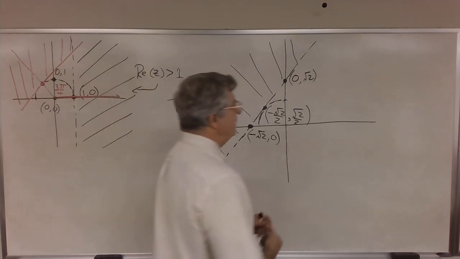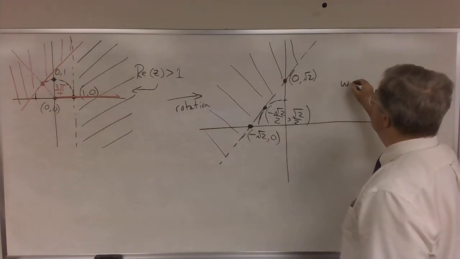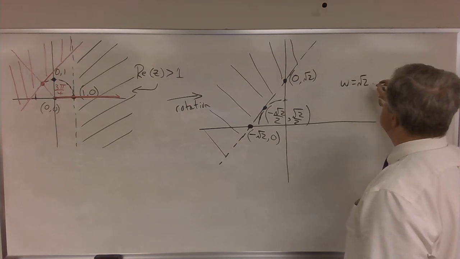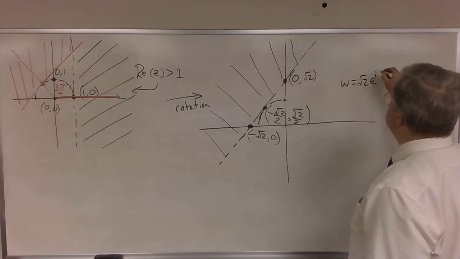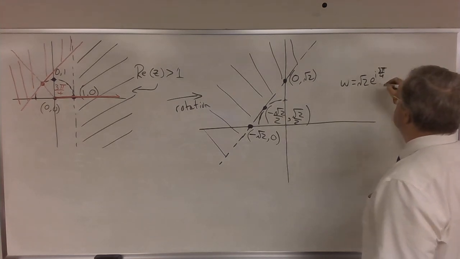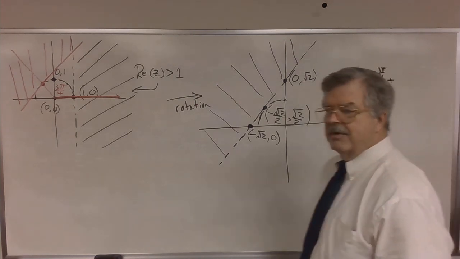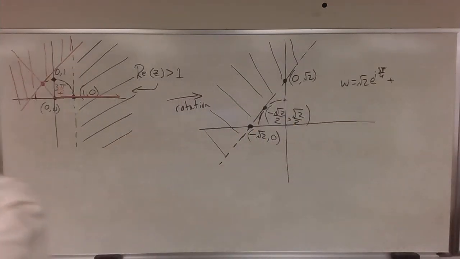And let's see, do I remember what this is? Oh, I hope I do. W equals square root of 2 e to the i 3 pi over 4. Okay, I need to know what that translation is. Son of a gun.